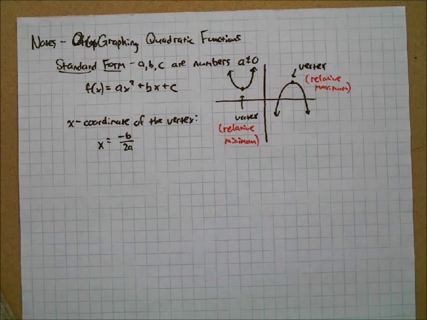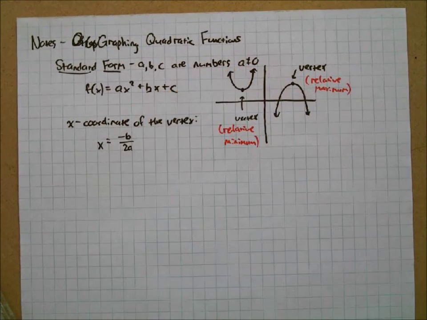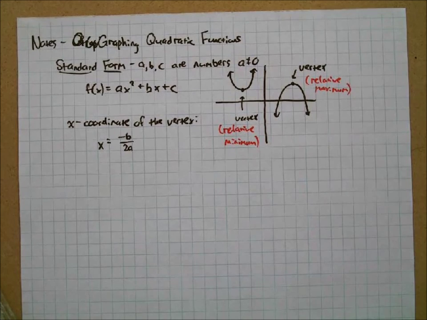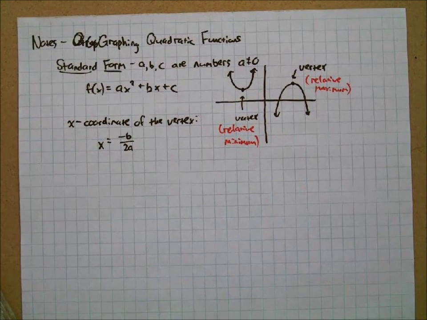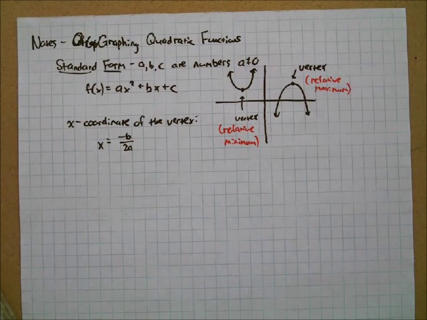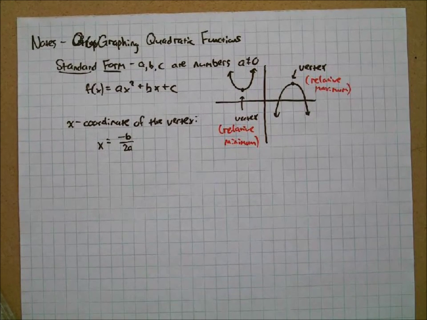You go to the right some from that point, and then to the left the exact same amount. So that's the plus part, you go to the right of the x-coordinate, and for the minus part, you go to the left. That creates that middle point for us. This is also, therefore, the axis of symmetry. The equation of the axis of symmetry is x equals whatever that number ends up being.